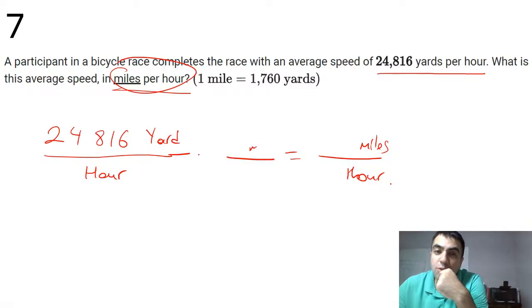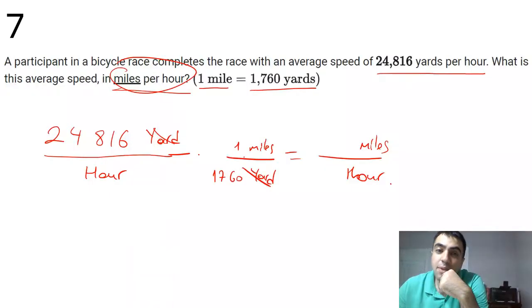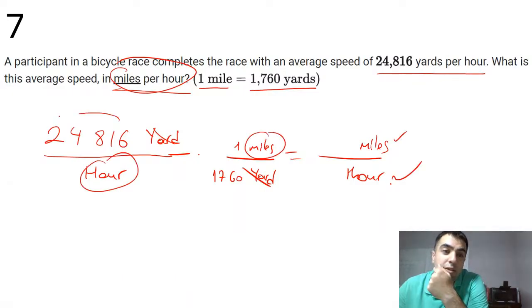We should have miles here, and we should have yards here. Why? Because these yards will be cancelled out. And we know that 1 mile is equal to 1,760 yards. So 1 mile, 1,760 yards, okay?